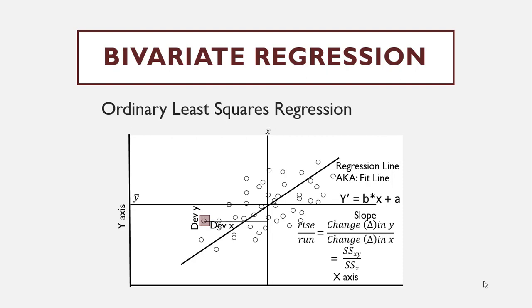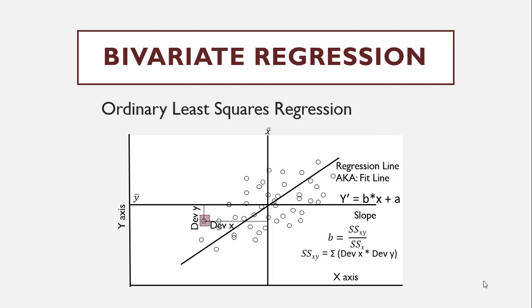Similarly, y bar is greater than their actual score, so it's going to be negative. So again, going back to why the correlation ends up positive, most of the scores are in the top right quadrant in this data. So those product terms are going to end up being largely positive, and thus our slope is going to be positive, our correlation is going to be positive.